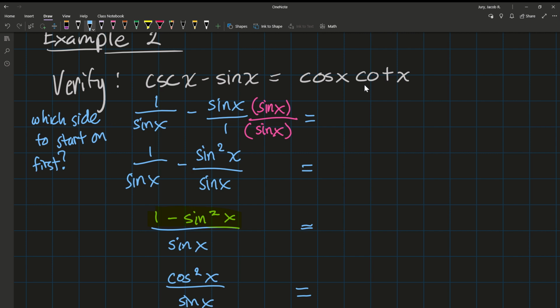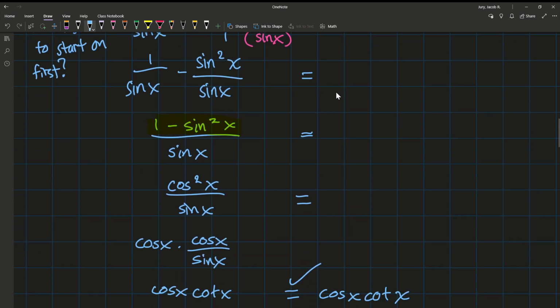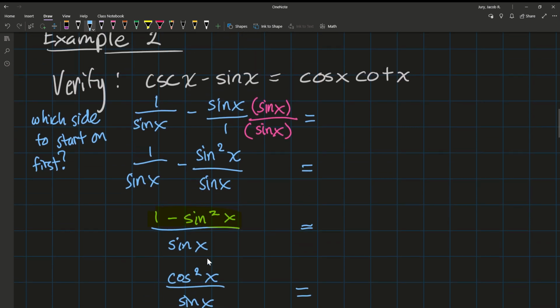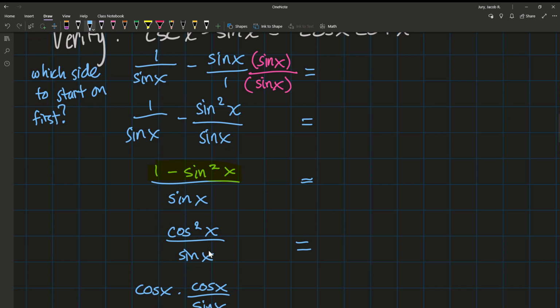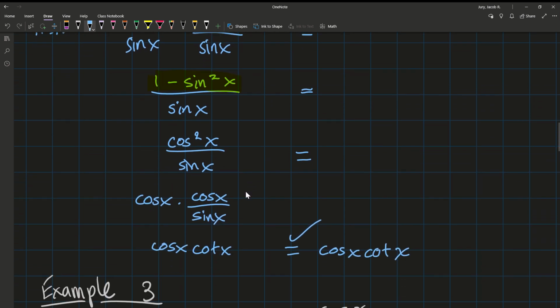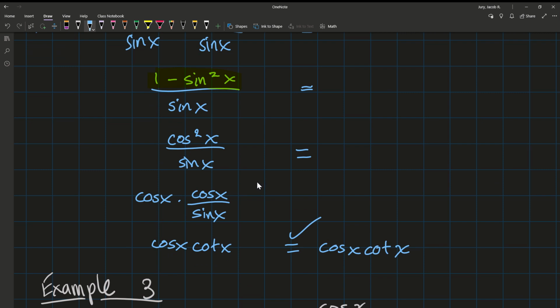You can kind of see how it would appear. It would basically be reversing this process: cosine x times cosine x over sine is cosine squared over sine x, and then you basically go backwards from where we started. So if you want to try that, you're welcome to.